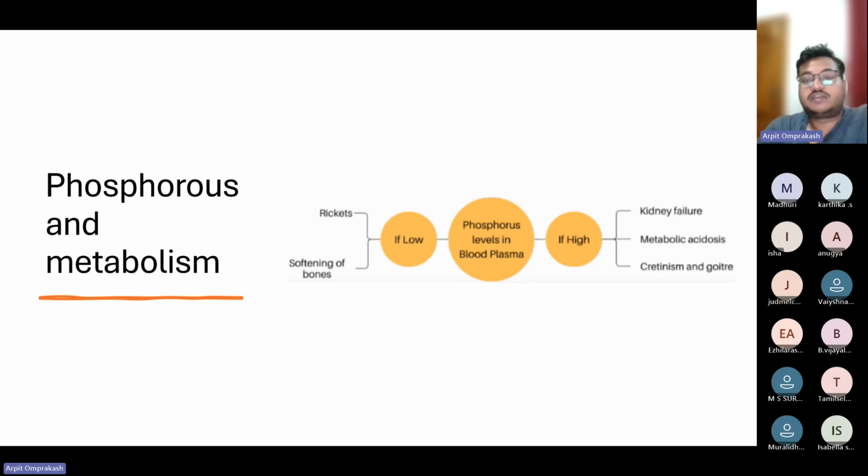For example, if the phosphorus level in bone is low, that means there probably is some softening of bones and possibility of having rickets. And if there's a very high level of phosphorus present in the blood plasma, that means there's probably some kidney failure going on, or there's some metabolic distress such as metabolic acidosis, or other metabolic diseases such as cretinism and goiter. Right. So this test is very important to test for all these metabolic conditions.